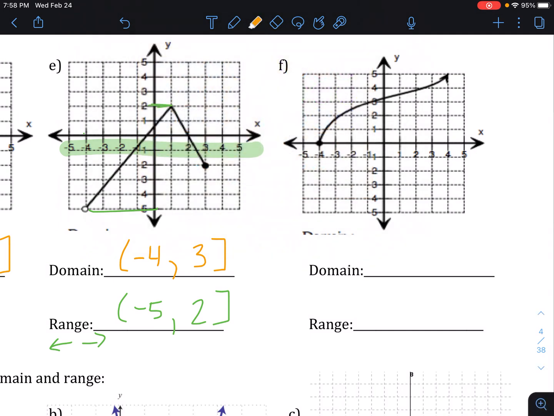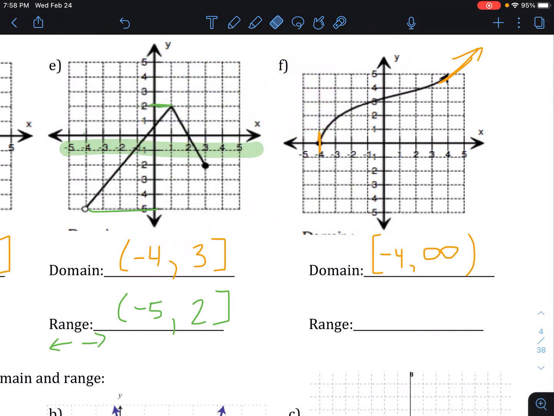Letter F, the domain, x values. The leftmost number is -4. And to the right, there is an arrow here, so it is technically going to the right forever towards the positive infinite numbers, and put a parentheses. Pretty easy stuff so far.